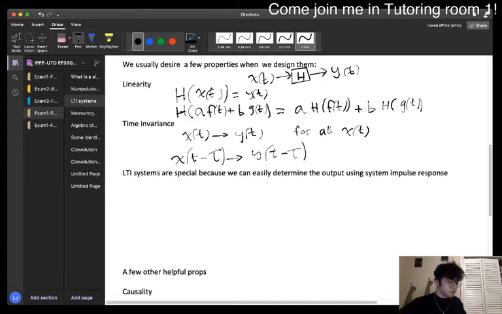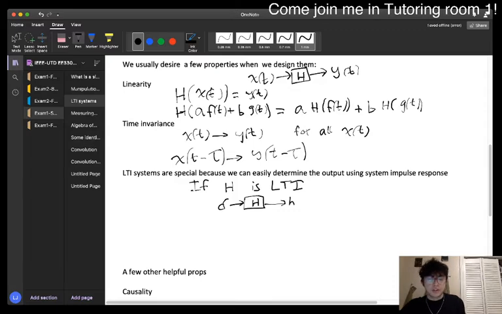So if a system is LTI, so H is LTI, then we'll be able to get the impulse response. So what is the impulse response? That's just where we put in a delta function as our input, and whatever you get out from that delta function is our impulse response.